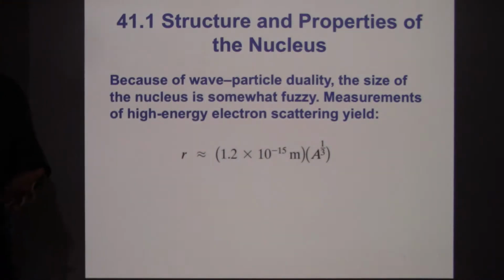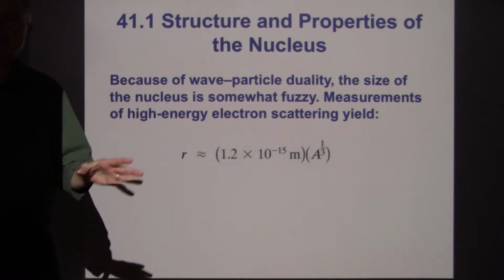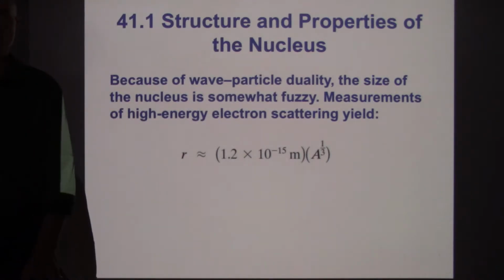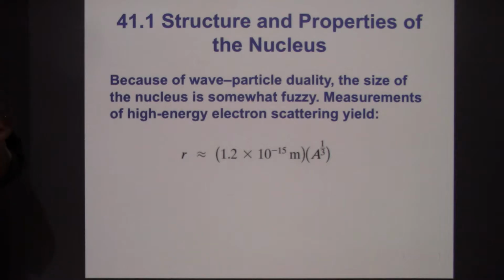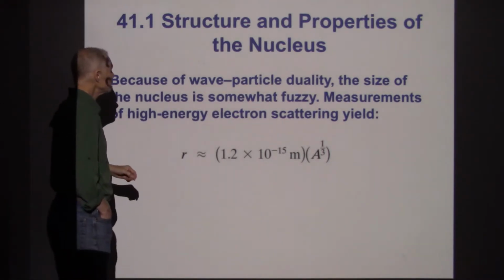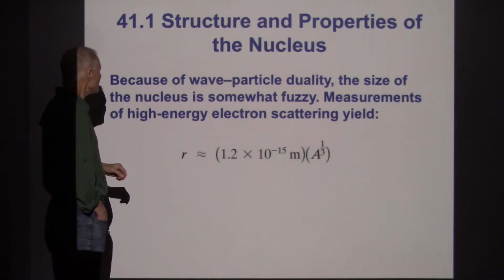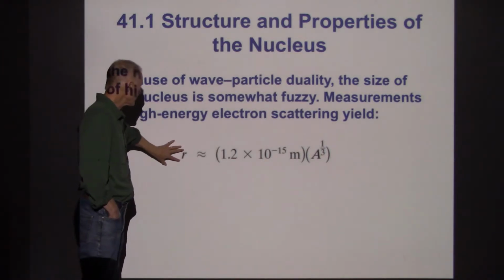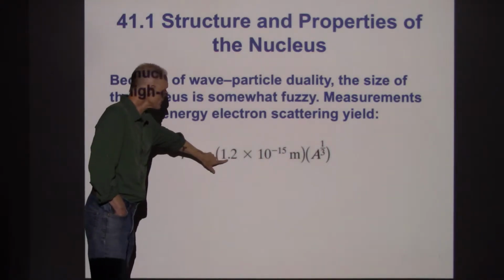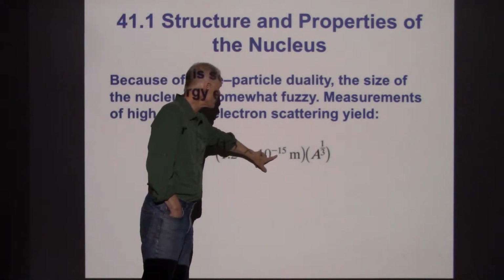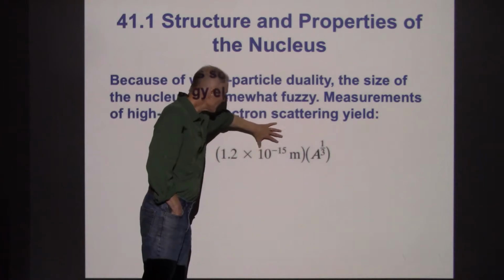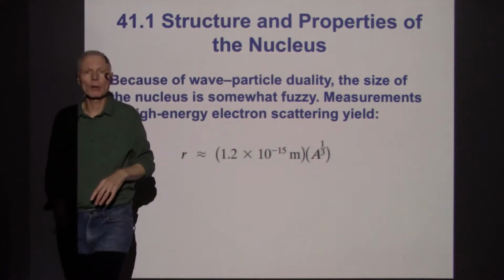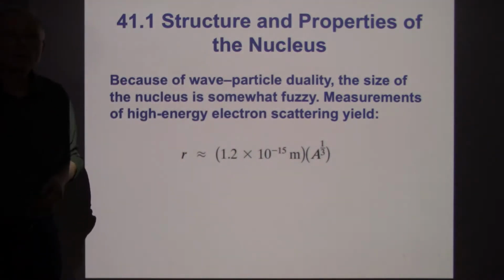We'll see that it's not an exact number determining the mass. What about the size of the nucleus? We've looked at this before. Back in the chapters on atoms, we saw how really, really tiny nuclei are. We can estimate the radius of a nucleus using 1.2 times 10 to the minus 15 meters. Now, 10 to the minus 15 meters is what's called a femtometer.